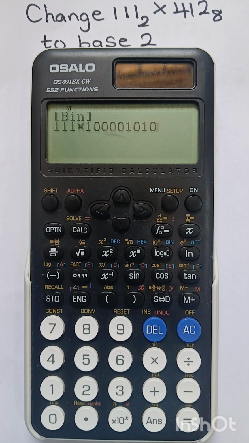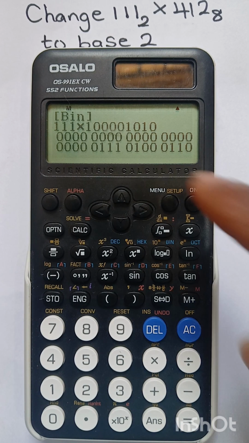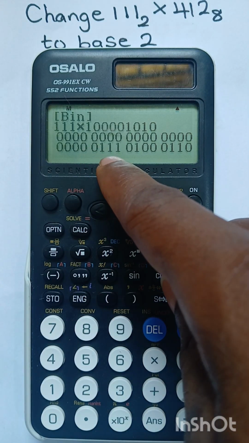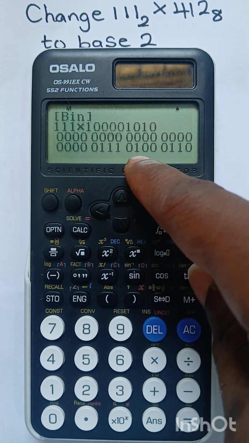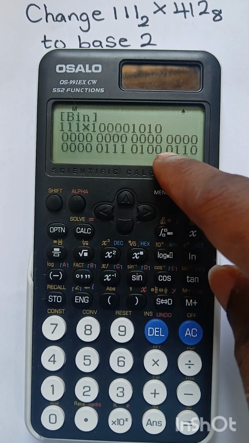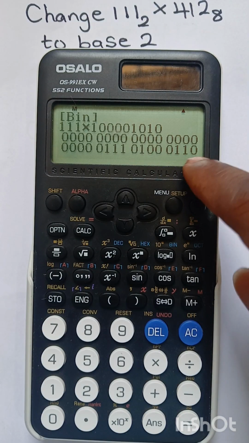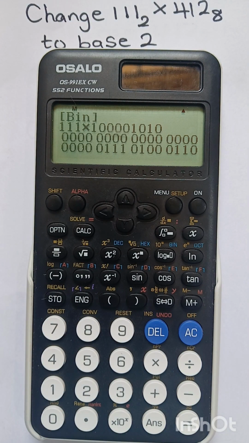Then you press your equal sign, and your answer will be 11101000110. So that is your final answer. That is 111 base 2 multiplied by 412 base 8.